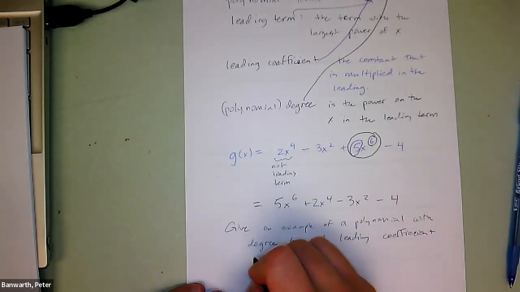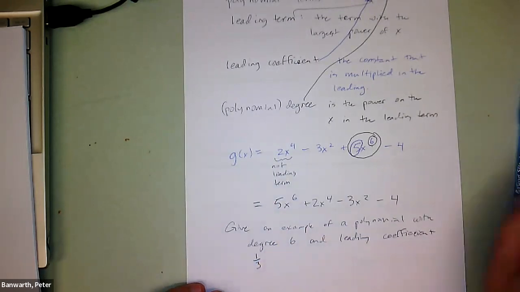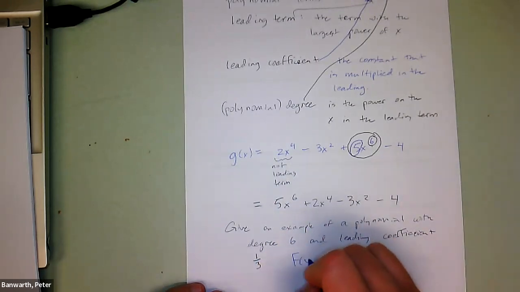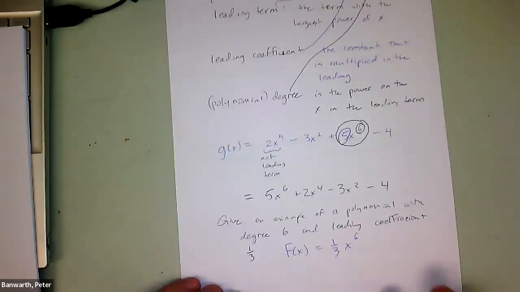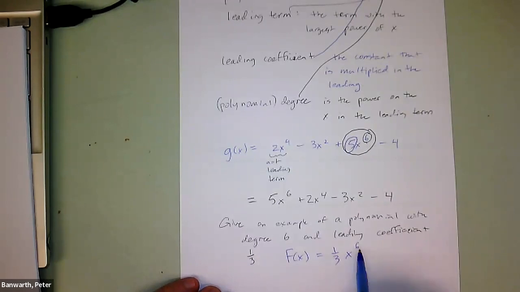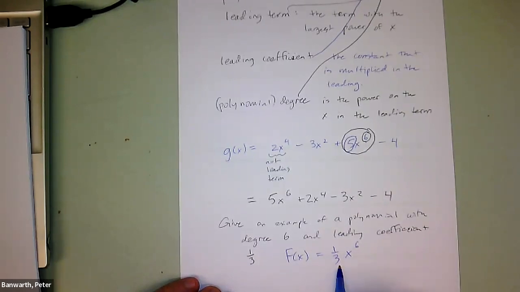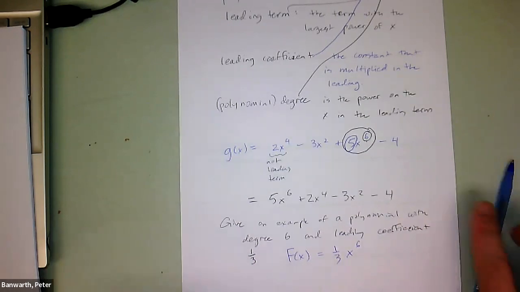Leading coefficient of 1/3. I'm going to give the simplest one I can think of. F of x equals 1/3 x to the sixth. I don't have to write anything else. That's a polynomial. The degree is 6, and the leading coefficient is 1/3. I could add a bunch more smaller terms on here, smaller in terms of powers, but I don't have to.